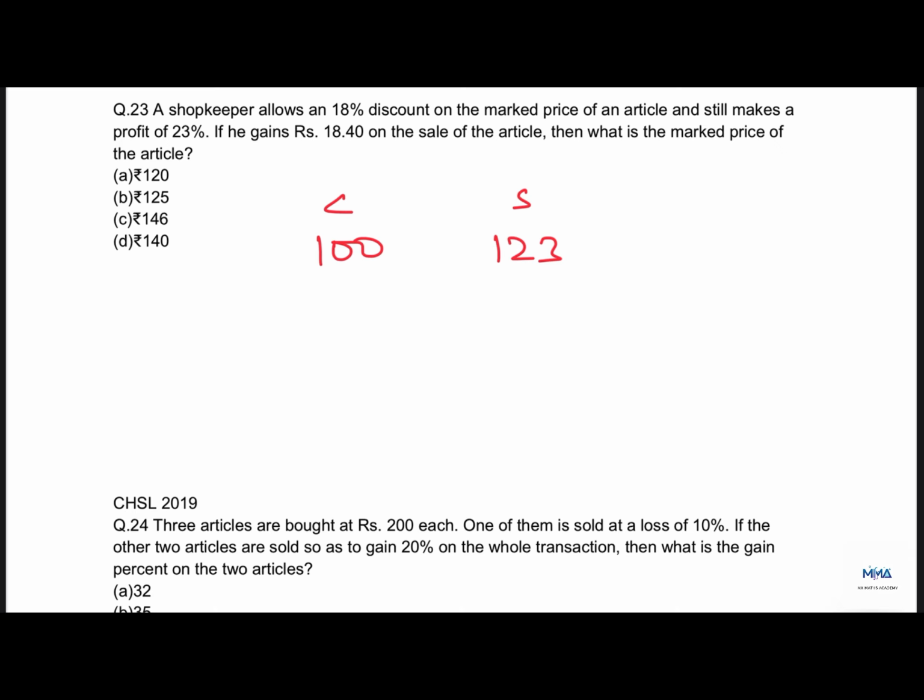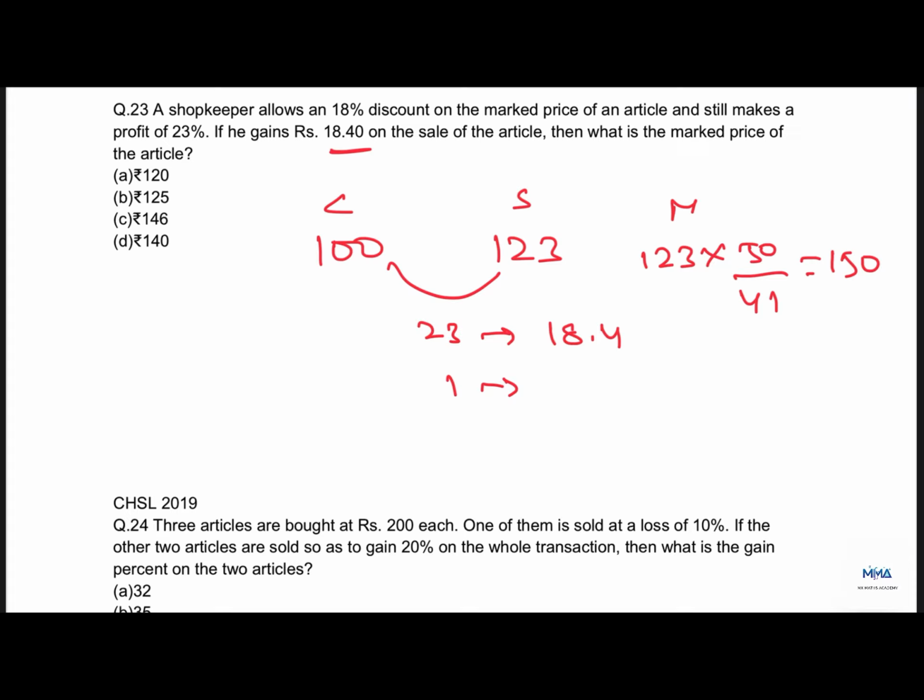So 18% is basically 9 by 50, so it's 41 by 50. So in order to get the market price, you multiply this with 50 by 41, which is 150. It is given that the gain is 18.4 rupees. So if 23 units is 18.4, 1 unit is going to be 0.8.